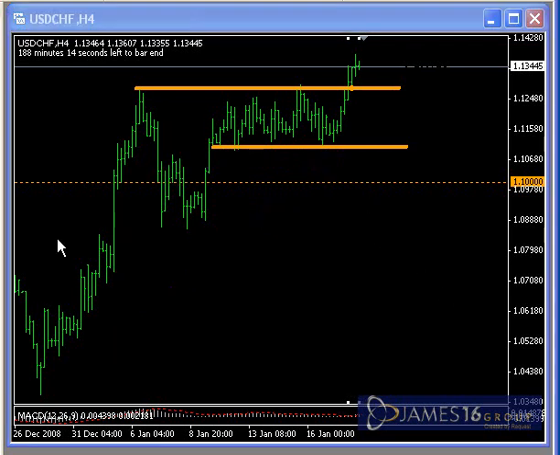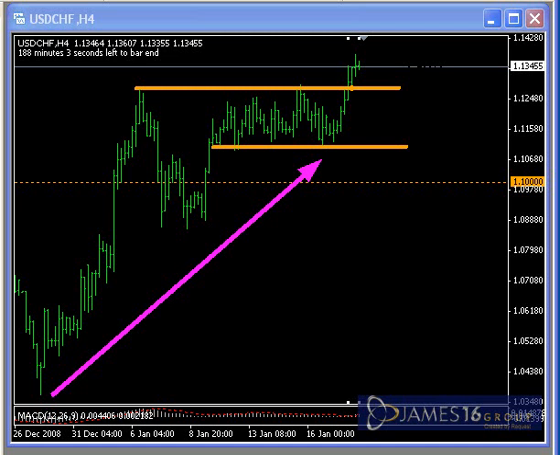So there would be too much for this not to work out that I wouldn't take it short. If price broke out here and then retraced, you're basically trading into this big round number, and really you're trading into the uptrend. That's why I try to take all breakouts with the trend for the most part, because the trend is what's going to help sustain your breakout, and it cuts down on those false breakouts.